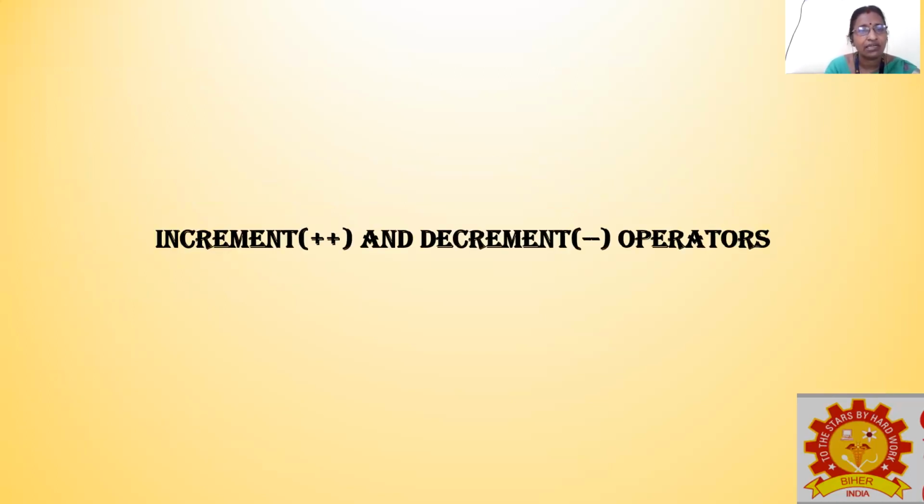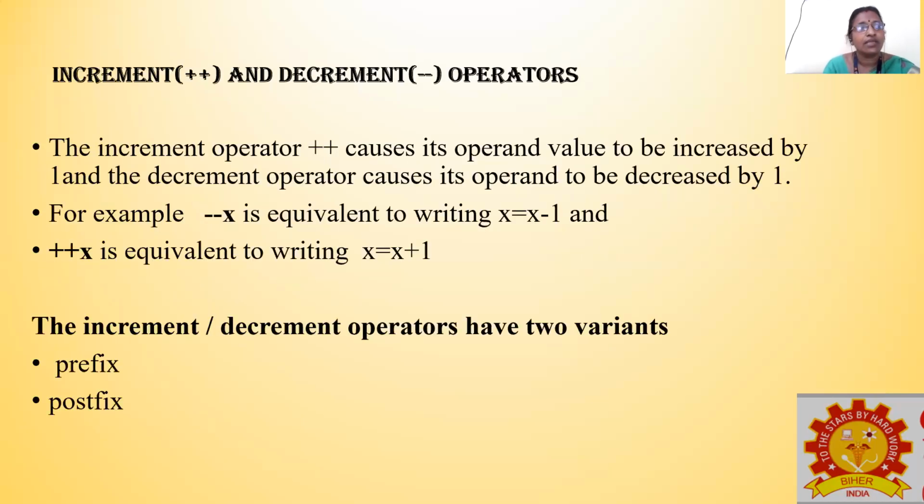Now we are going to see increment and decrement operators. The increment operator plus plus causes its operand value to be increased by 1 and the decrement operator causes its operand to be decreased by 1. For example, minus minus x is equivalent to writing x is equal to x minus 1.